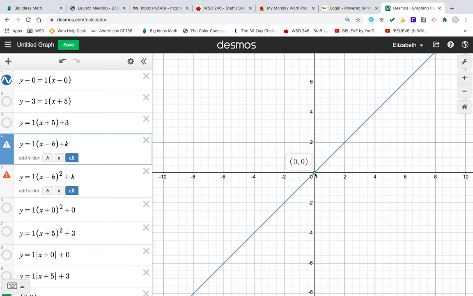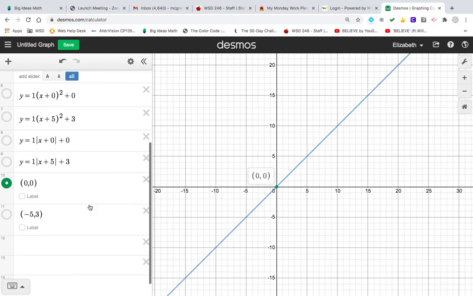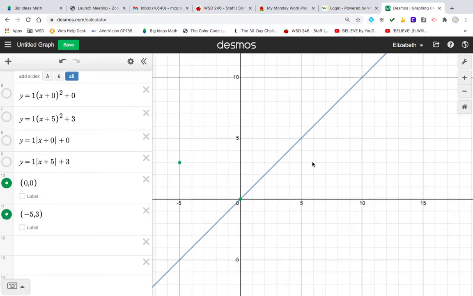Well, I want to talk about how this point changes, so I'm going to change this point to go to here. I want my (0, 0) to move to this point of (-5, 3), and I want to change my point-slope equation to have this (0, 0) no longer be that, but be this point instead.